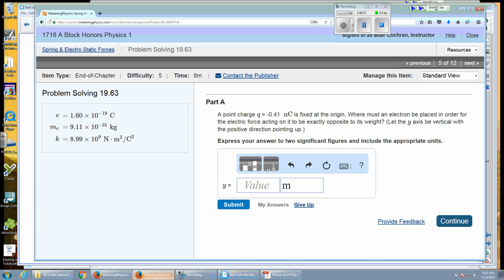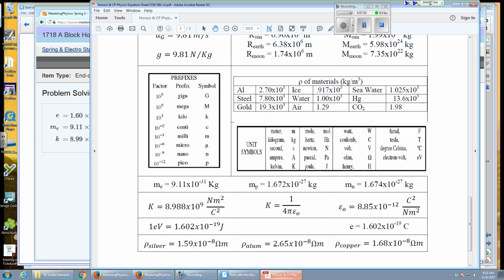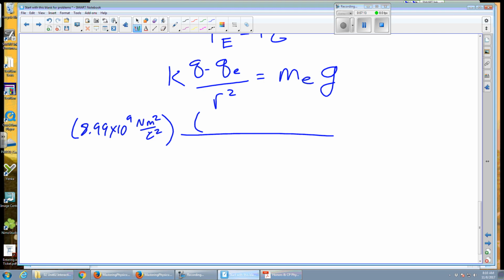What does that little n stand for? Let's check our handy dandy equation sheet. Oh, look, a little n. Nano. 10 to the minus 9. Cool. So 0.41 times 10 to the minus 9 coulombs.